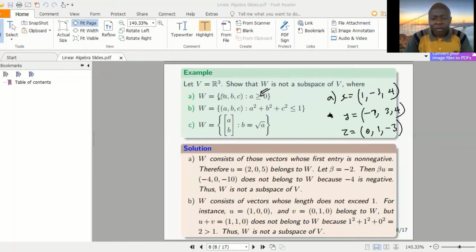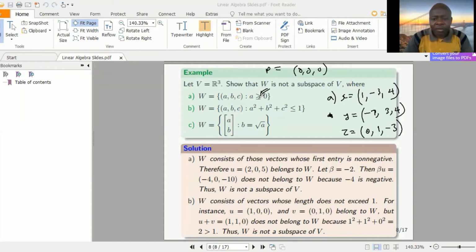So we'll be thinking of such vectors, and we want to say, can we also have 0, 0, 0 in W? Let me call this one vector P. Is this vector P in W? Let me check the first element. The first element is 0.